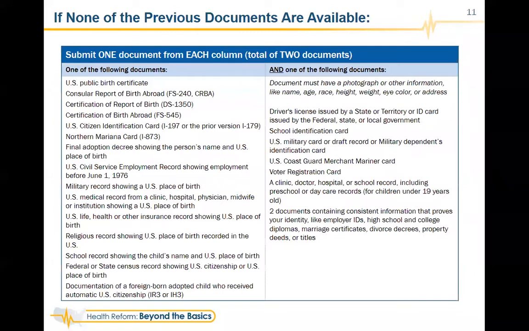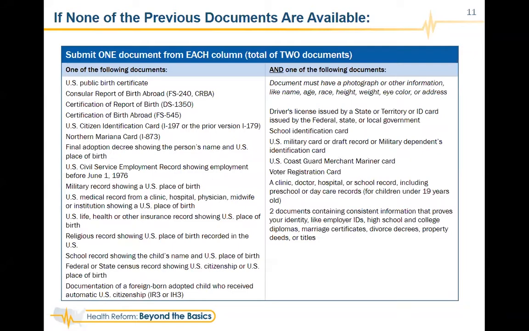And in that case, they have to provide two documents. We have a listing here, and if you look on the left-hand side, we have a list of documents that really are about providing proof of citizenship. And on the right, we have a list of documents that are really about providing proof of identity. And you've got to marry those two.